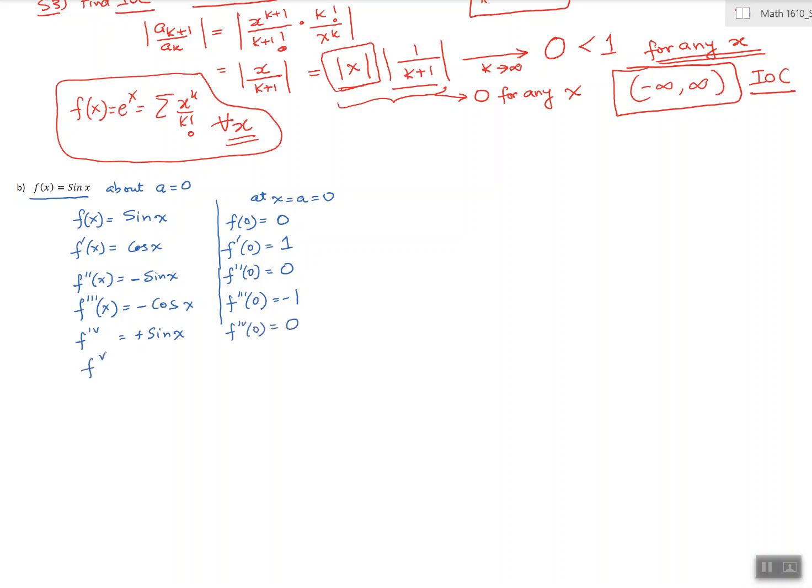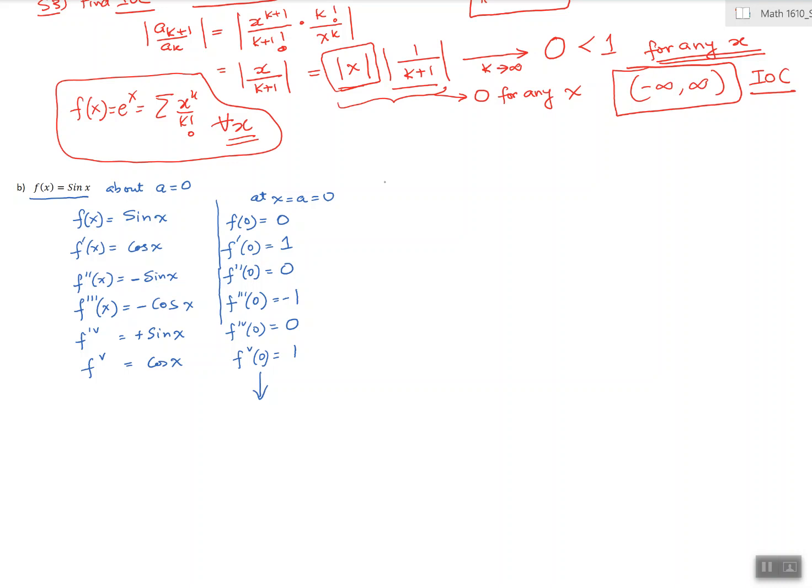Let's go one more. Fifth derivative would be cosine x. So the fifth derivative at 0 would be 1. So notice there's a pattern here, the 0, 1, 0, negative 1, 0, 1. So this continues in this manner.